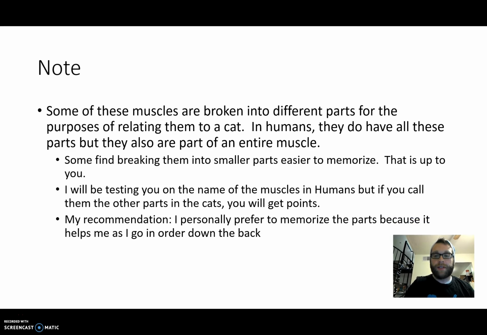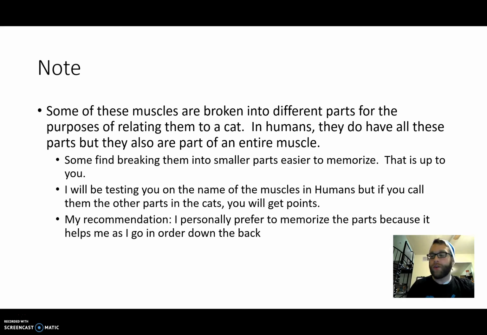Just some notes to say here for you guys. The muscles of the back and the shoulders are a little bit confusing as we go through. There's quite a bit going on in the back. There are a lot of muscles that deal with your scapula, and a lot of muscles that deal with your humerus and forearm and motion there.